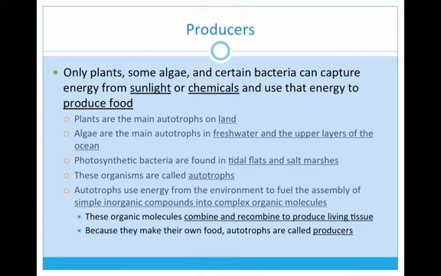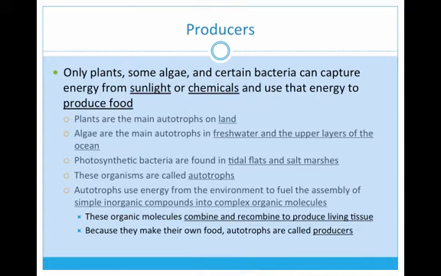Autotrophs use energy from the environment to fuel the assembly of simple inorganic compounds into complex organic molecules. Now, inorganic compounds mean things that don't contain the element carbon, with the exception being carbon dioxide. Organic molecules are things that do have carbon.